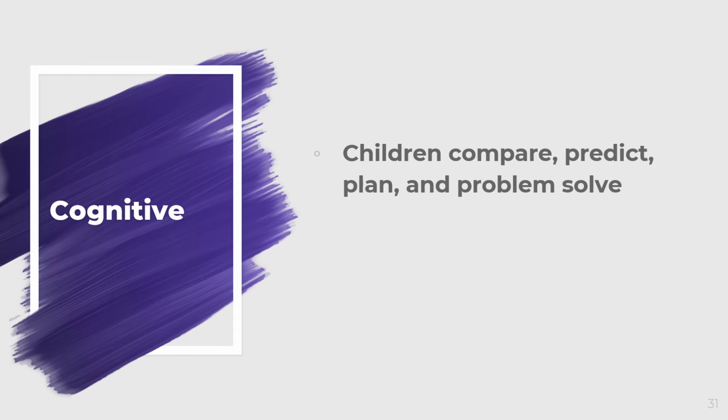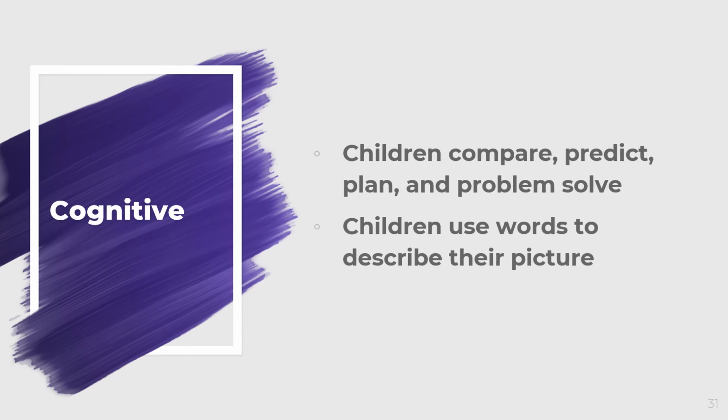Children may have tried to hold the rolling pin in a different way and it didn't quite work right, so then they had to solve the problem to figure out how to make it work for them. And children are going to use words to describe their picture. They're going to use cognitive skills of language to express just how they made their picture and what they want to say about it.